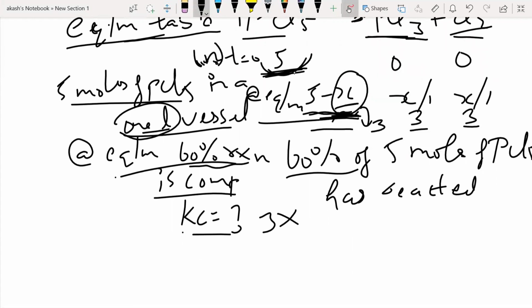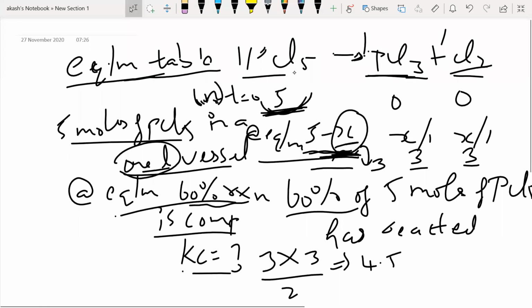Right? So concentration of Cl2 is also 3, divided by the concentration of PCl5. PCl5 is 5 minus 3. What is remaining after the reaction? That is 2. That's it. So it will be 9 by 2, which will be 4.5. That would have been the answer, right?